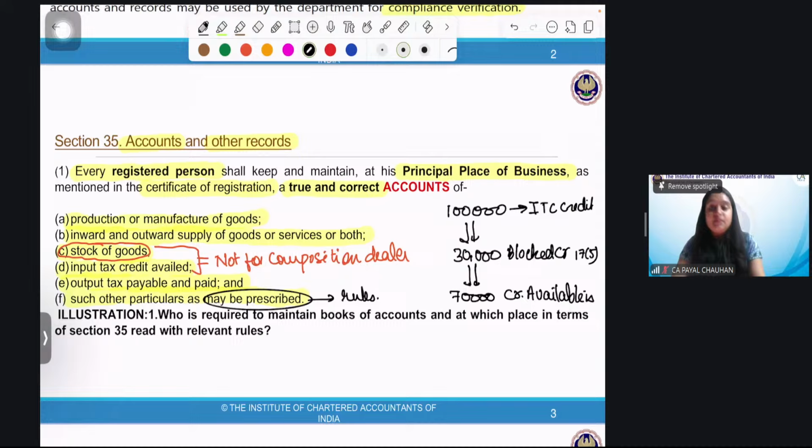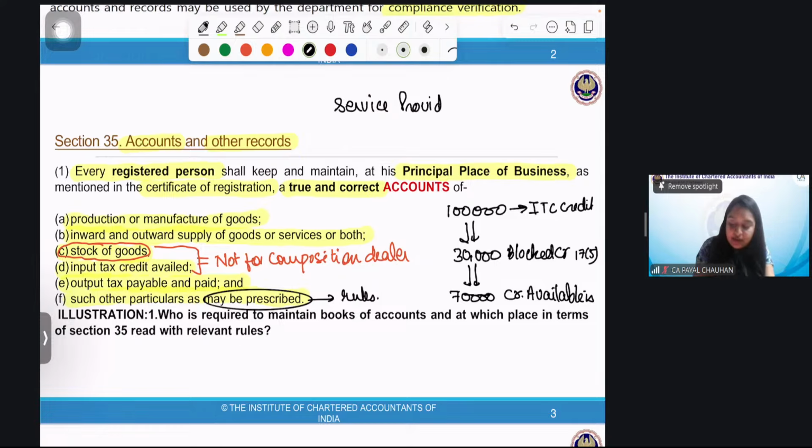If I'm a manufacturer, then I have to maintain a production and manufacturing of goods account. Now I'll change the question.